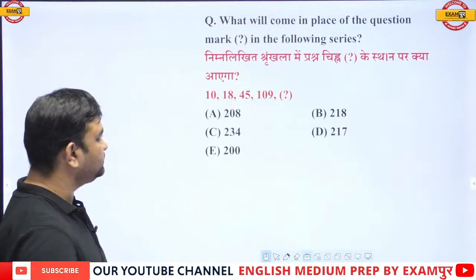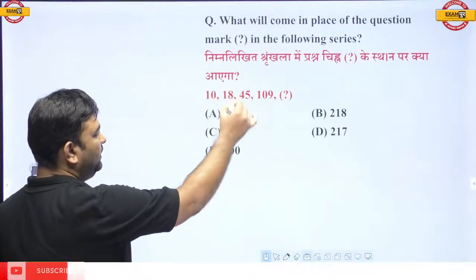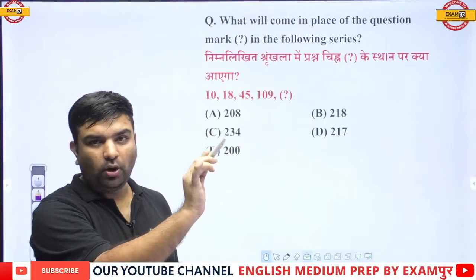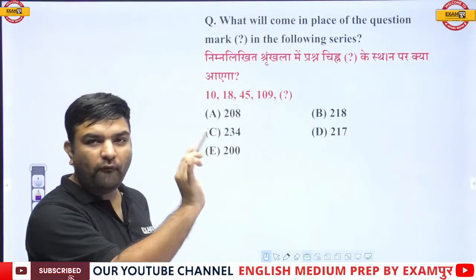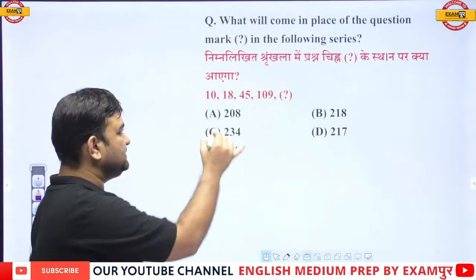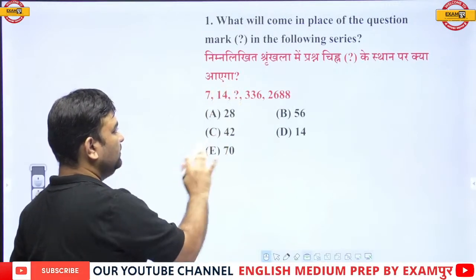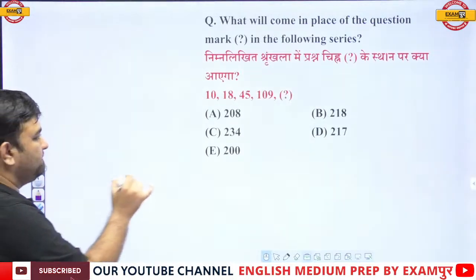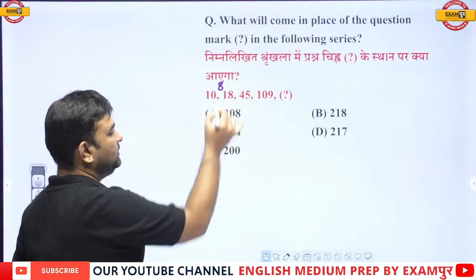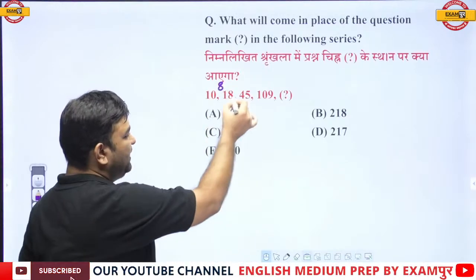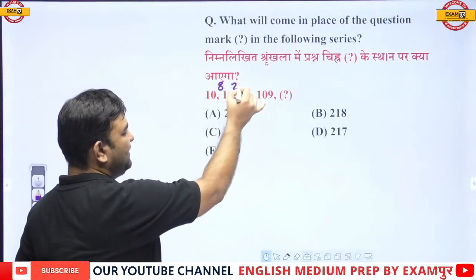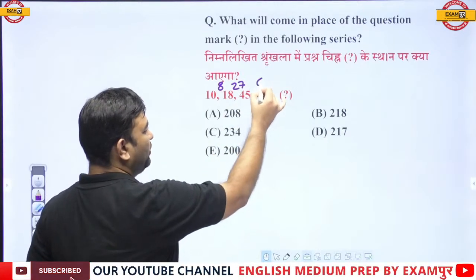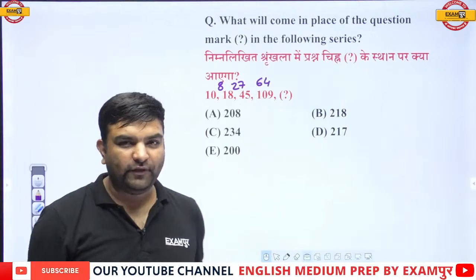The series is not increasing very fast, so go for the difference. 8. What is the difference over here? 27. What is the difference over here? 64. Do you identify these differences?